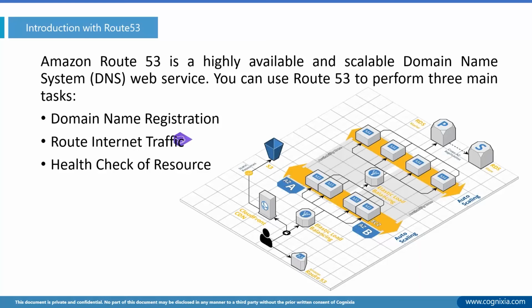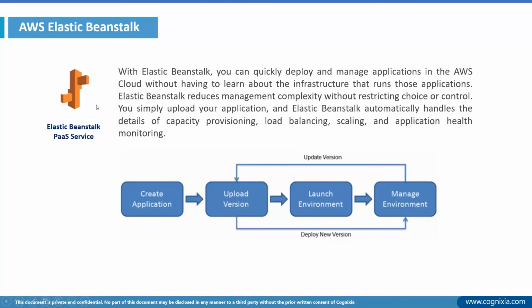So now we start with the next service, Elastic Beanstalk. Very interesting, and you will see how things can happen in a few minutes. I've written down everything here, a very good brief about the service.